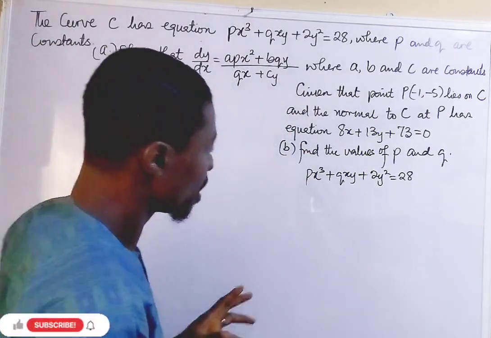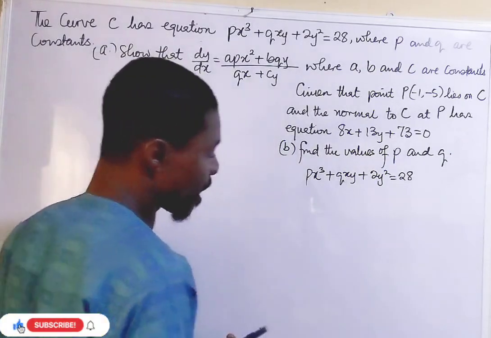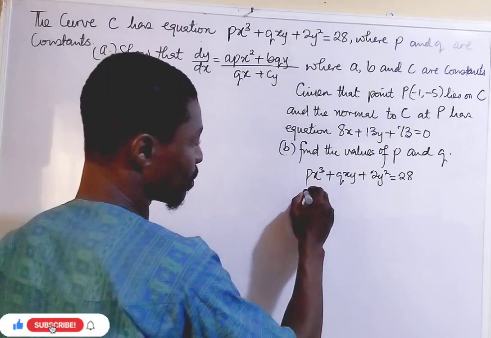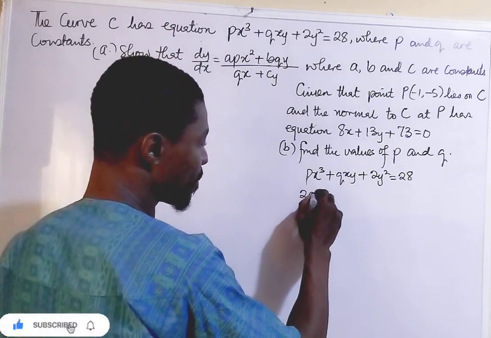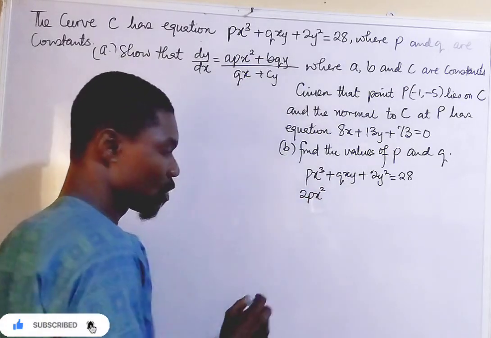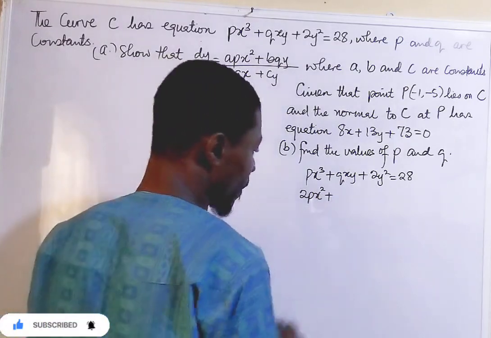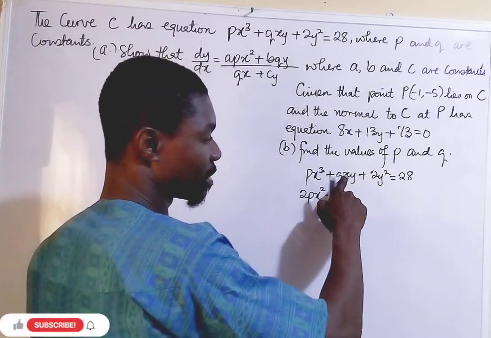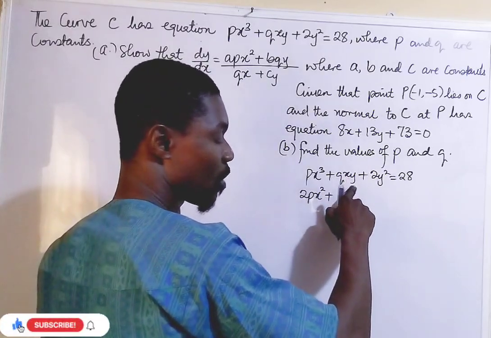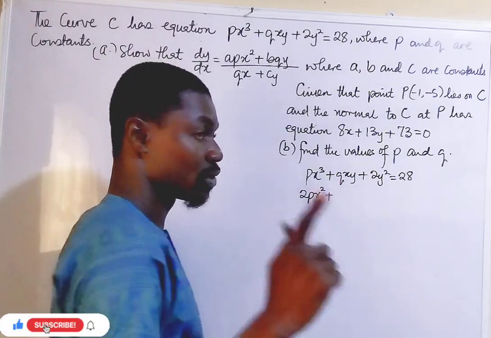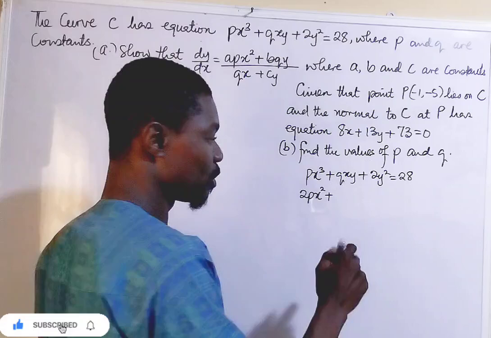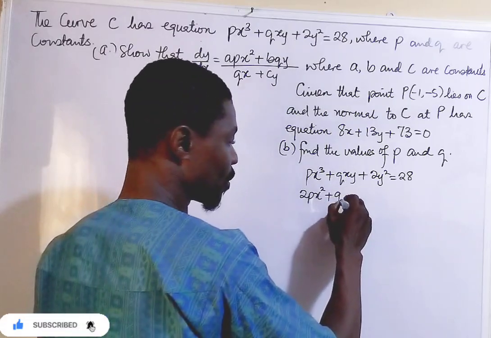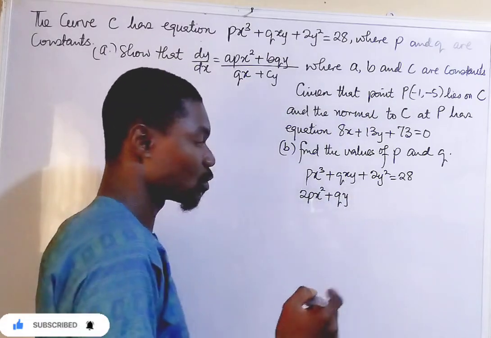To start with, let us start differentiating. What we need to have here is 3px raised to the power of 2. Then plus, let's differentiate x and keep y constant. Differentiating x, which is just a single term without an exponent, we have q times y, because it becomes 1.